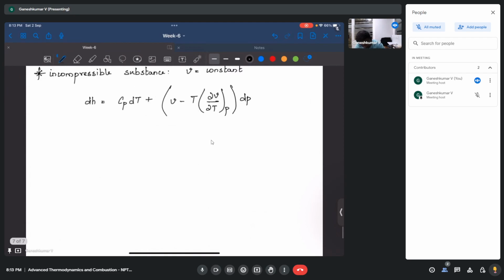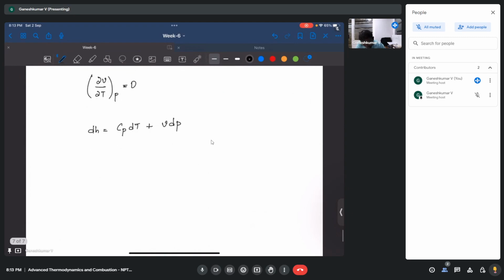Since V is a constant, ∂V/∂T at constant P is going to be simply 0 because V is constant. And since that is 0, dH is going to be Cp dT plus V dP. So you cannot simplify it even further, right?